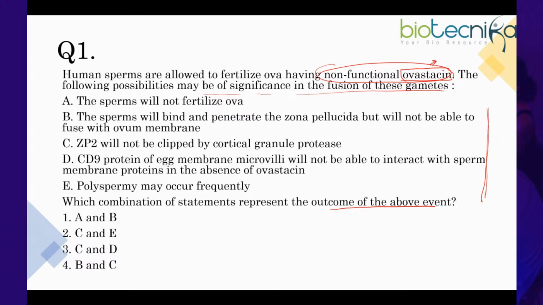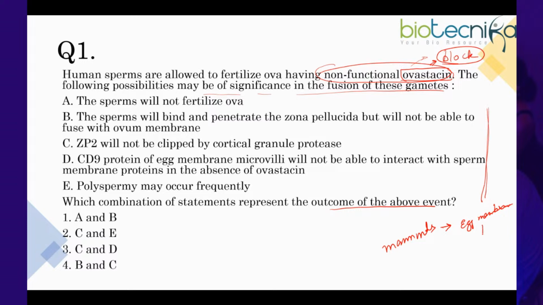Okay, so what will happen now? Ovastatin, what is that one thing that it will do? It acts as a block to polyspermy. Now we are talking about mammals, so we should keep in mind what our egg membrane is. In mammals, the egg membrane is the zona pellucida.